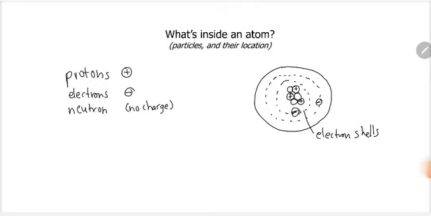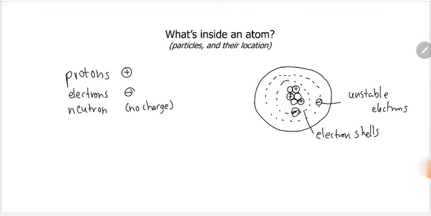So, actually, tinatawag din natin orbitals ito, no? Yung mga energy levels na ito or electron shells. So, importante malaman natin na doon sa pinaka-outer shell or outer level ay napaka-unstable ng mga electrons na nandoon.